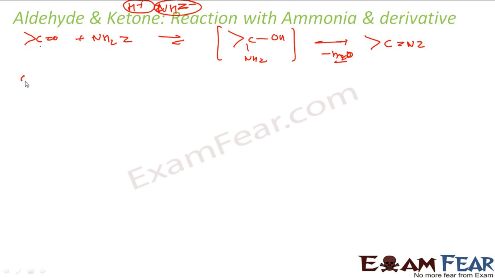For example, I have an aldehyde here and it reacts with NH2. Instead of Z, let's have OH here. This is called hydroxylamine. This happens in the presence of acid, obviously. So in this fashion it goes, and here NH2OH, if you see, is nothing but NHOH minus and H plus.